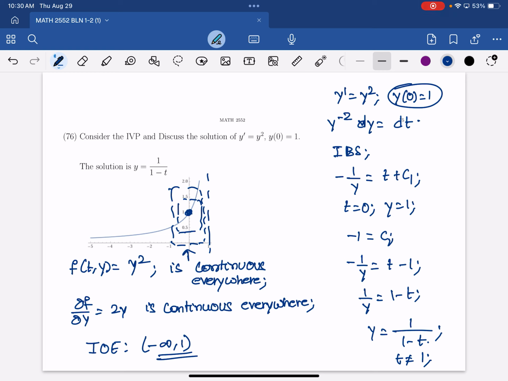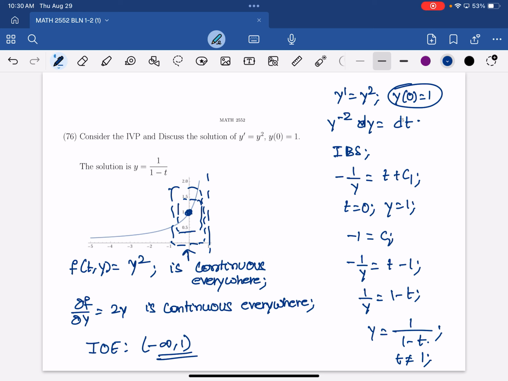I didn't ask this question, but you can see that one of the solutions is this one. Then the theorem cannot be applied, so there cannot be a guaranteed unique solution. There can be more than one solution in this problem. I don't know what the other solutions are, but one of the solutions is this. Is this clear?